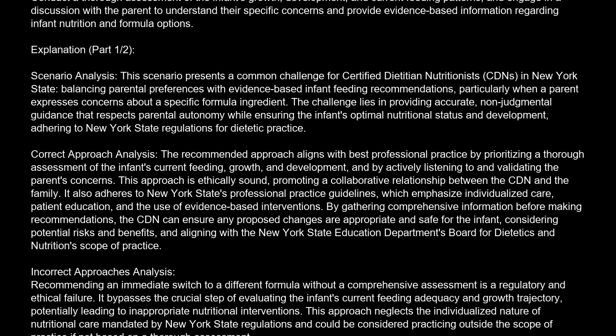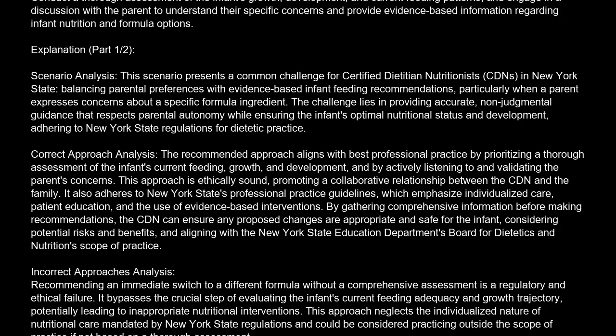Correct approach analysis. The recommended approach aligns with best professional practice by prioritizing a thorough assessment of the infant's current feeding, growth, and development, and by actively listening to and validating the parent's concerns. This approach is ethically sound, promoting a collaborative relationship between the CDN and the family.